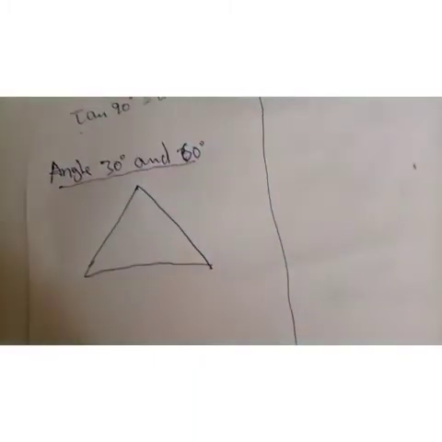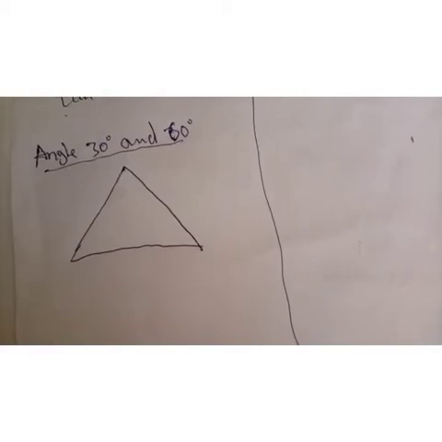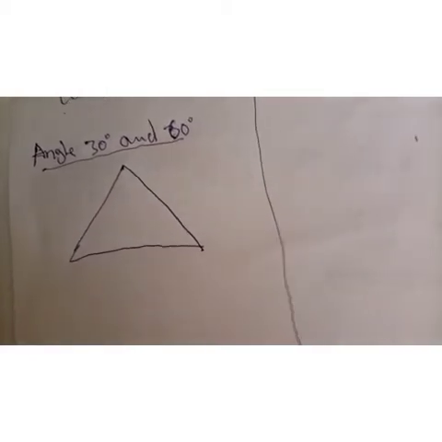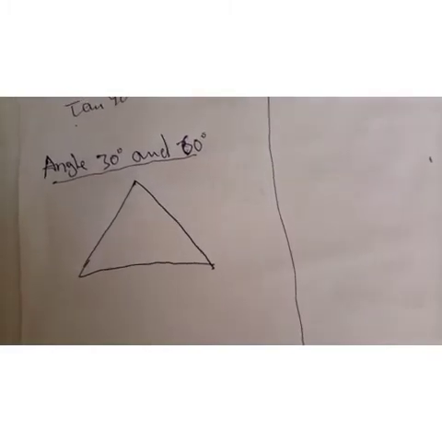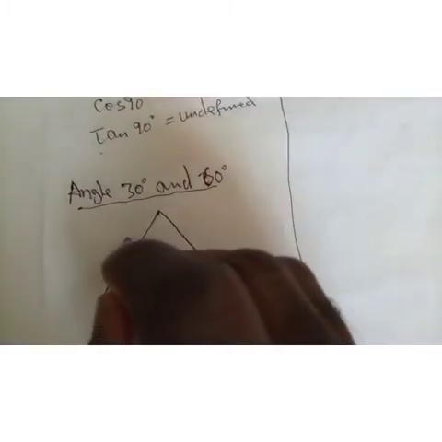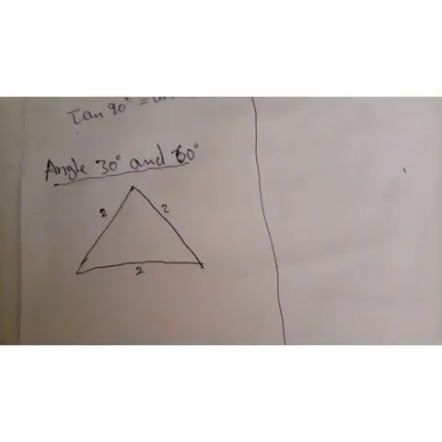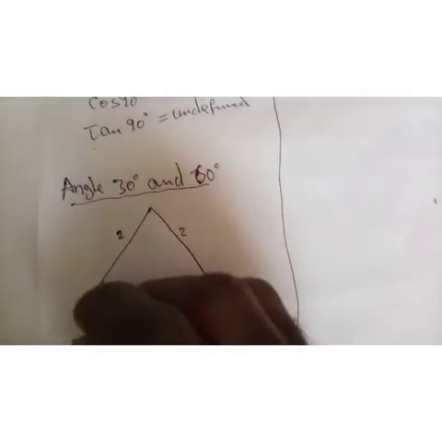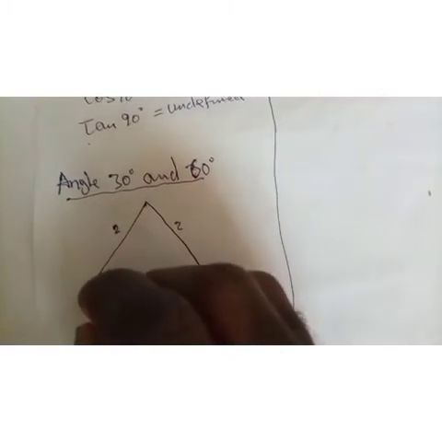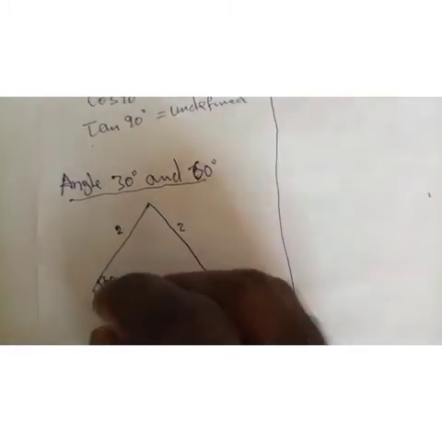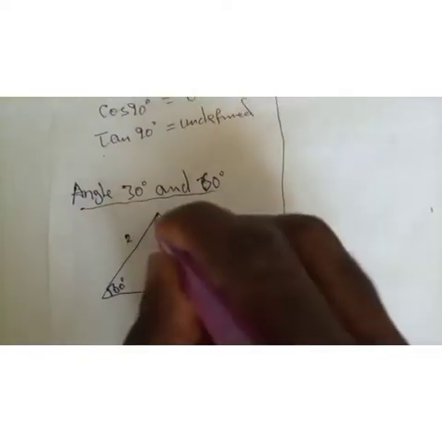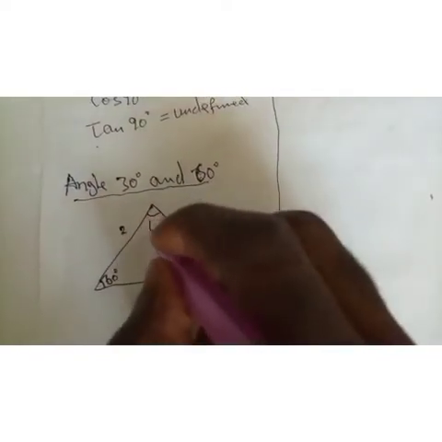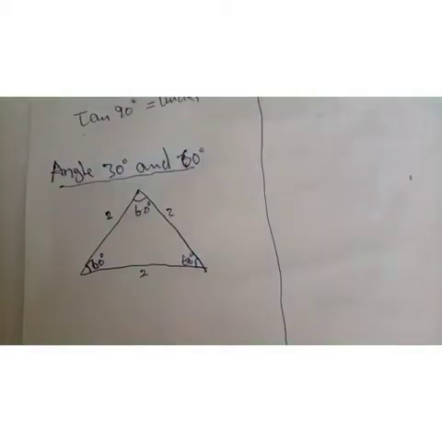Don't mind the way I draw it, but this is called an equilateral triangle. All the sides are equal. So here is 2, here is 2, here is 2. All sides are the same. Here is 60 degree, here is 60 degree, and here is 60 degree.